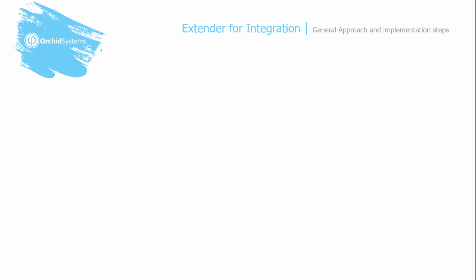As you can see from the examples that we've looked at, integration has a very broad range of meaning and can be a simple alert to another system to a full-blown connector between various applications.